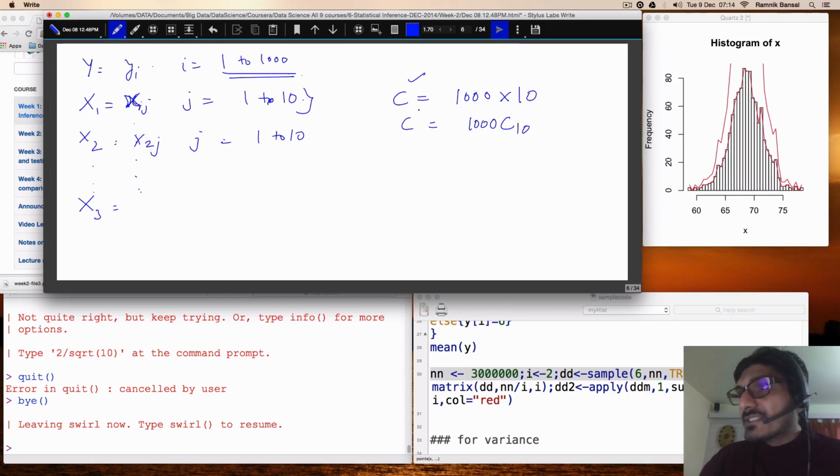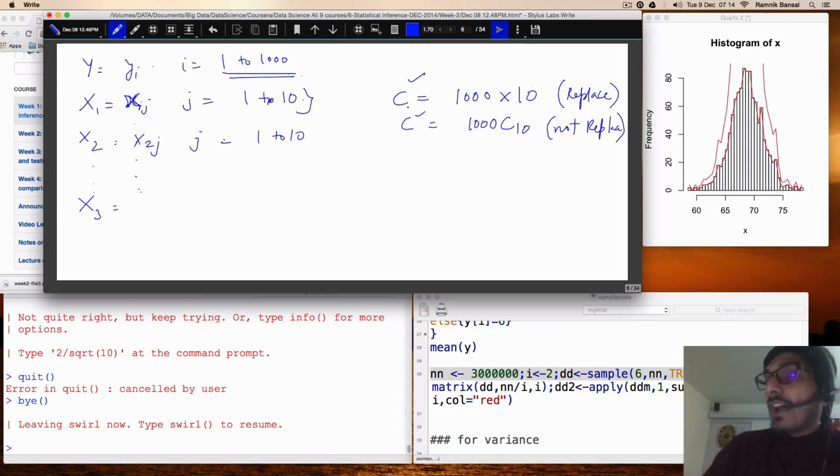So either I have C, which is this, or this. This is with replacement, this is without replacement. Is it clear? So I have these many combinations. I remember we saw the example where the population size was 10 and the sample size was 2.